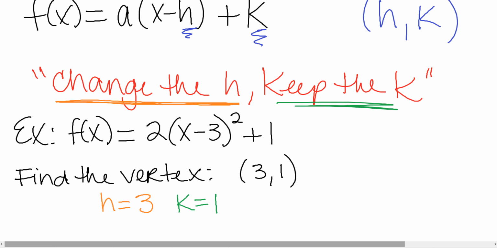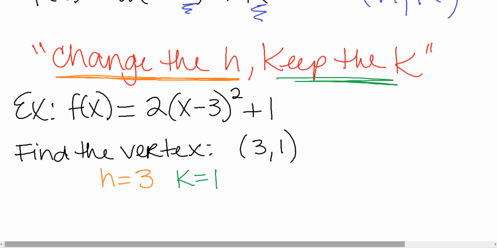Now let's say that I knew that a is 2, just because I'm telling you that. So why is it change the h, keep the k? If a equals 2, and I know that h equals 3 and k equals 1, let's plug it into our vertex formula.